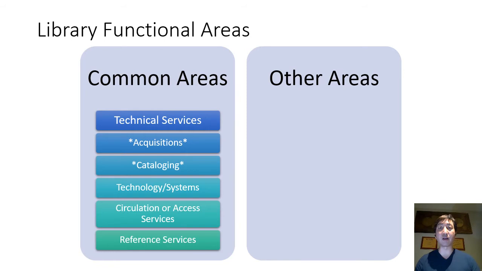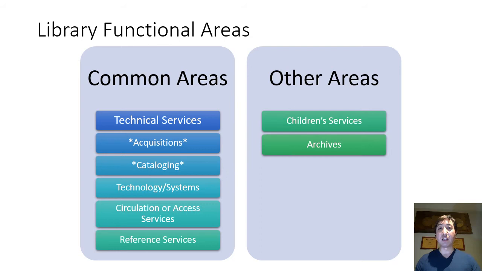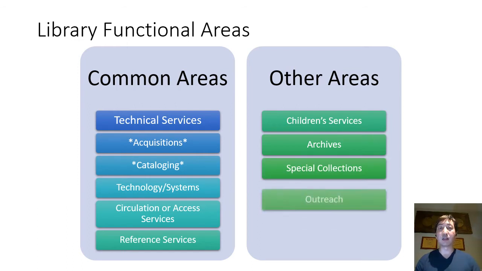Then there are other areas that might be present at some libraries, but not all libraries. Children's services you will find in most public libraries. Archives can be found in academic libraries and some public and special libraries. Special collections can be found as a structure in academic and some public libraries.